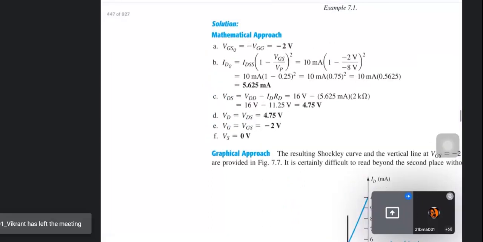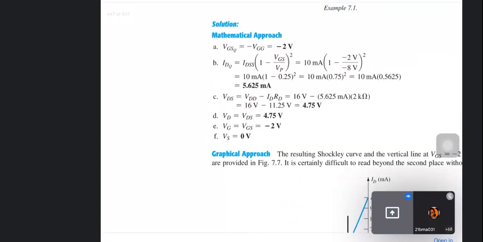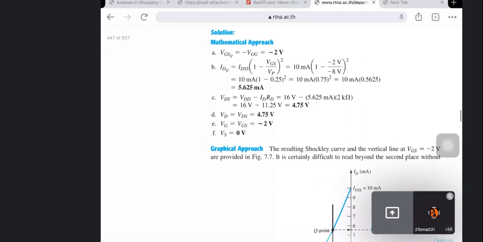Can you see this? So VD is equal to VDS, VG is equal to VGS. Okay.